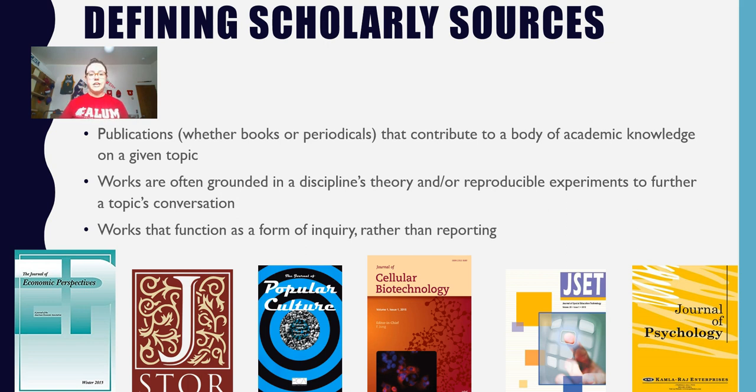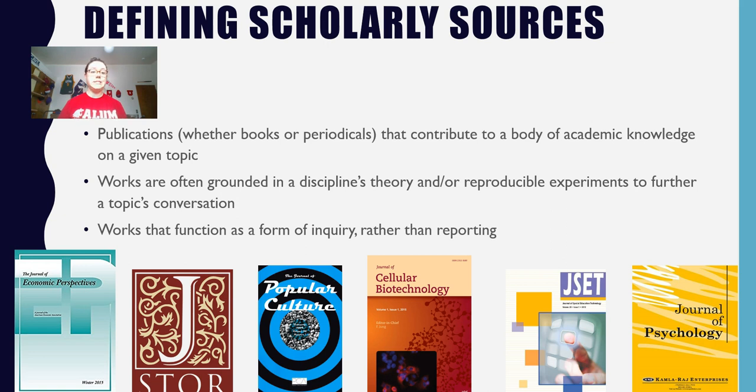As we can see from these examples down here, the Journal of Economic Perspectives, the Journal of Popular Culture, Journal of Cellular Biology, Journal of Psychology, I think this last one is Journal of Special Education Technology. I'm having a little hard time reading that one in a small font. But anyway, you can see how each one of these examples contributes to a very specific body of knowledge.